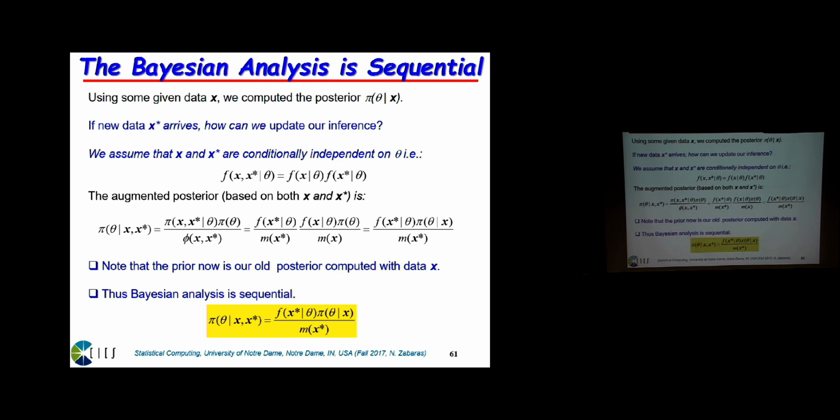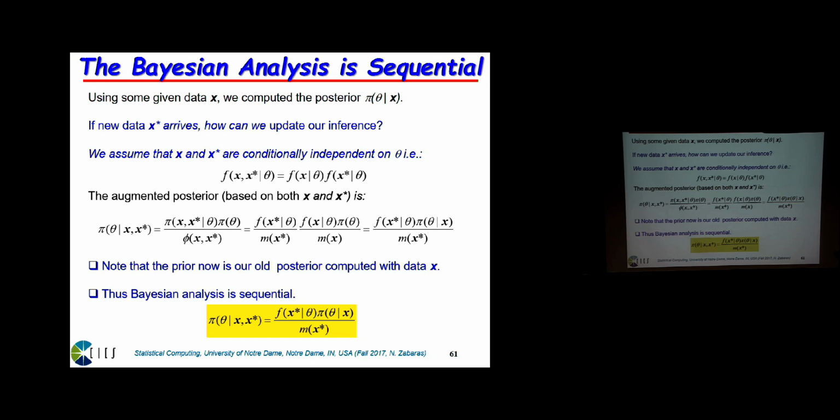So just remember, inference in a Bayesian setting is sequential. It doesn't matter how you collect the data. You just need to be sure that as you proceed from one data point to another, you update your prior to become a posterior using the data you collected up to that time.